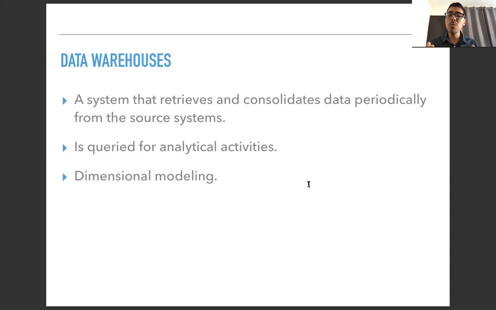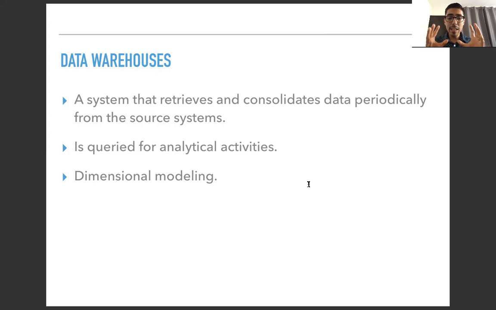But sometimes you would like to query these databases, and these queries might get very complicated. So what you do is you consolidate this data from the RDB and you retrieve it into a system that is better suited for analytical activities.